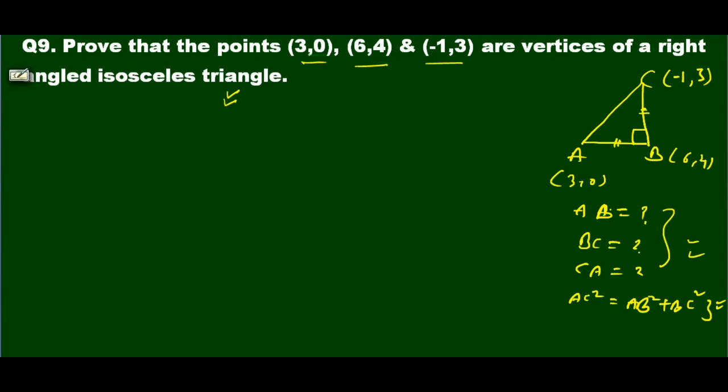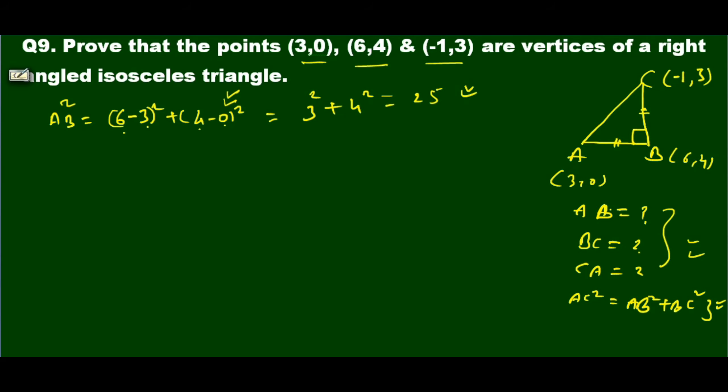So first of all, find the distance AB by using the distance formula. So here this will become (6 minus 3) whole square plus (4 minus 0) whole square, means x2 minus x1 whole square plus y2 minus y1 whole square. So you can find the square directly. So this will become 3 square plus 4 square. So this will become 25, means AB square is 25.